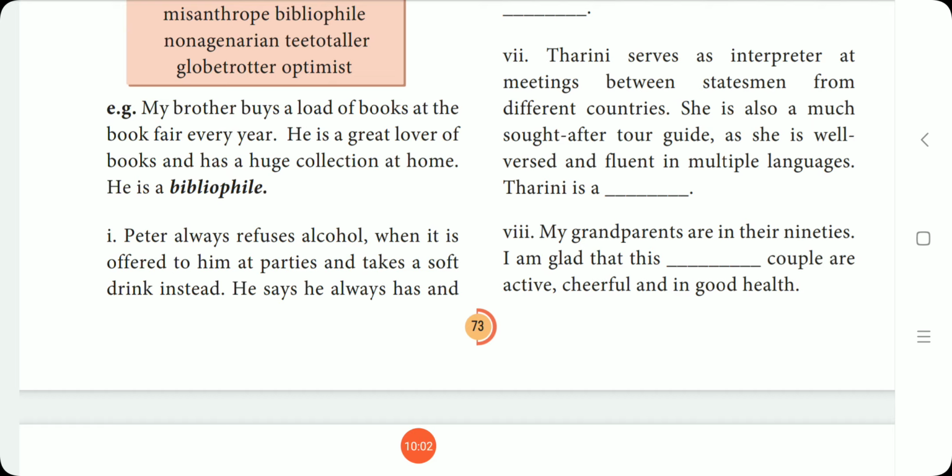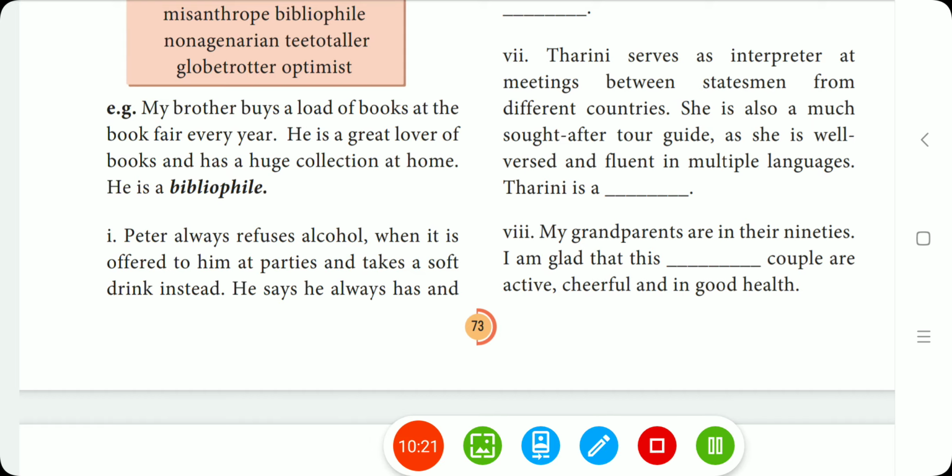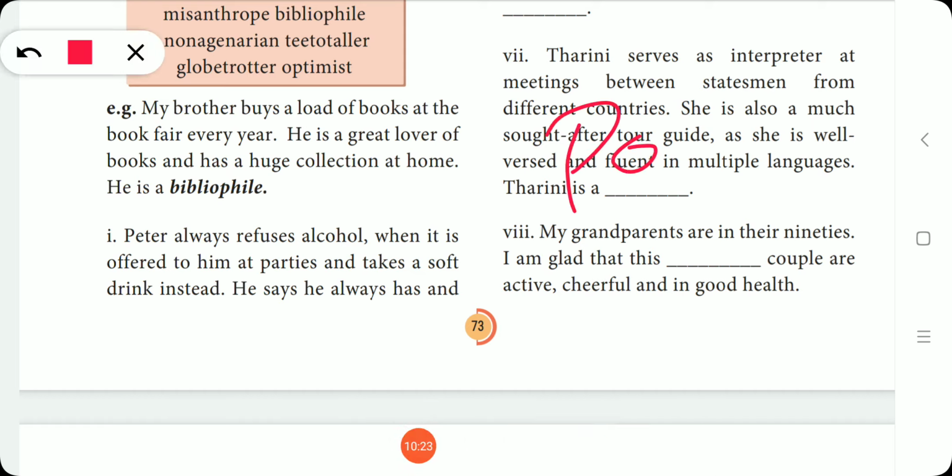What is an interpreter? If we do not know a language, they convert and tell us, right? They are called interpreters. So she's an interpreter between the politicians of different countries because she knows multiple languages. So we call Tarni a polyglot. Poly means many.